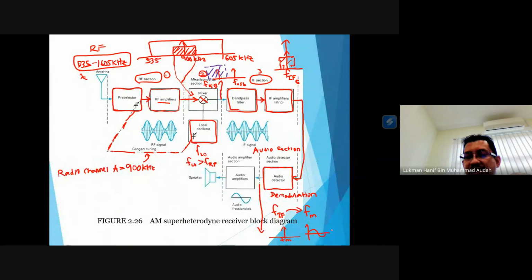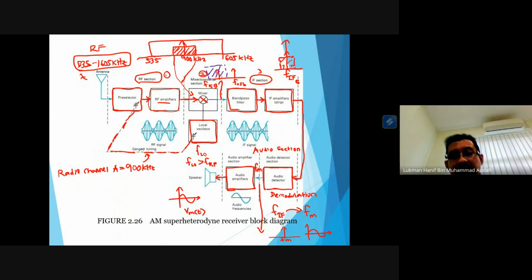So we have produced FM, and then we amplify the signal and it goes through the speaker, so we can hear the output clearly, which is similar to the VMT. So these are the processes that happen. I already explained all of it.